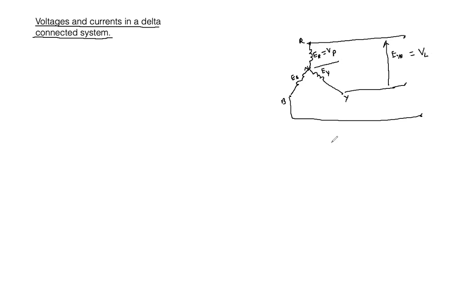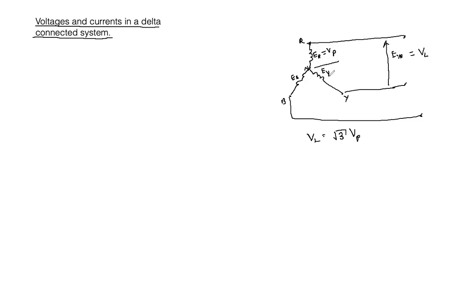So we discovered that the line voltage was equal to √3 times the phase voltage. So this is simple to remember. If you look at this line voltage, we have two voltages adding to each other there.